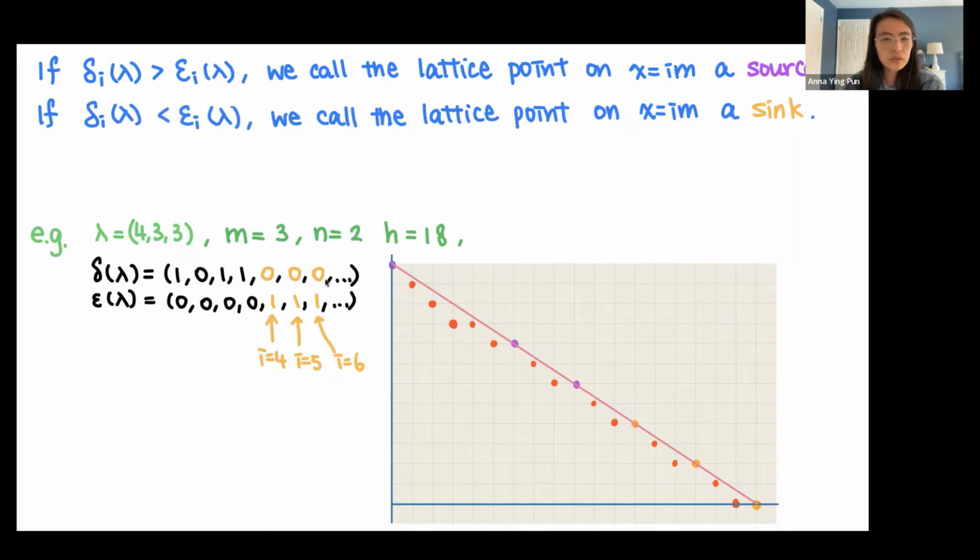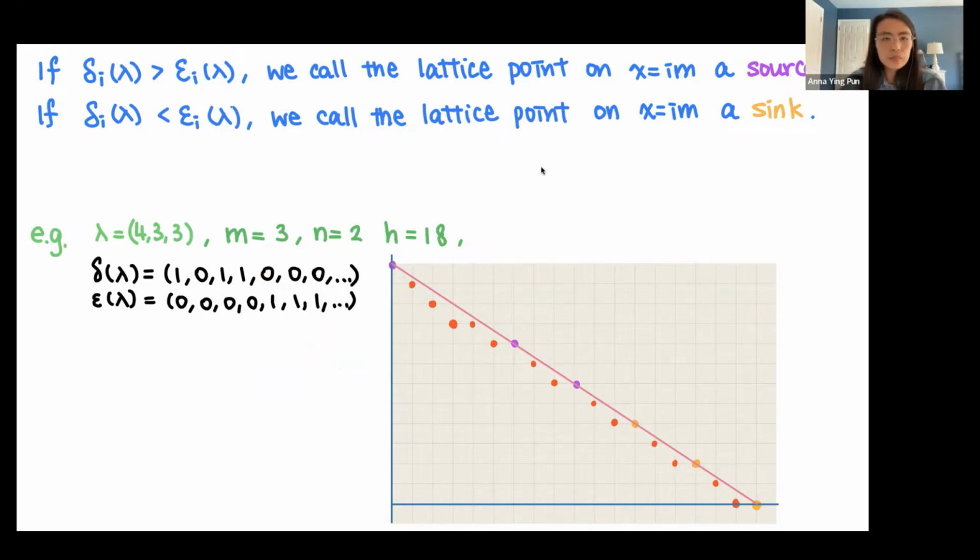So these 3 guys are the sinks. I know that there are more here, but we only care about this line, so we don't care about things below the x-axis.